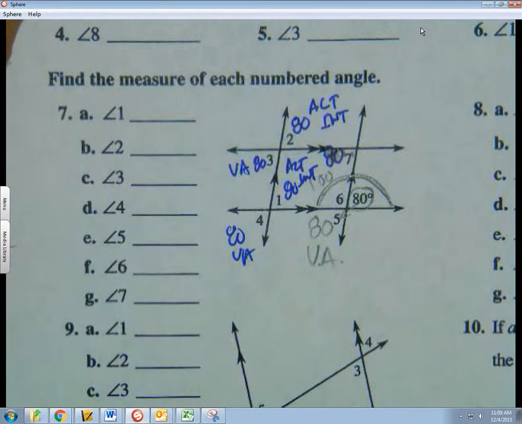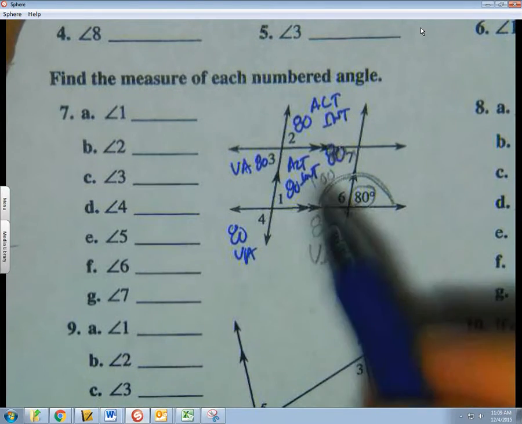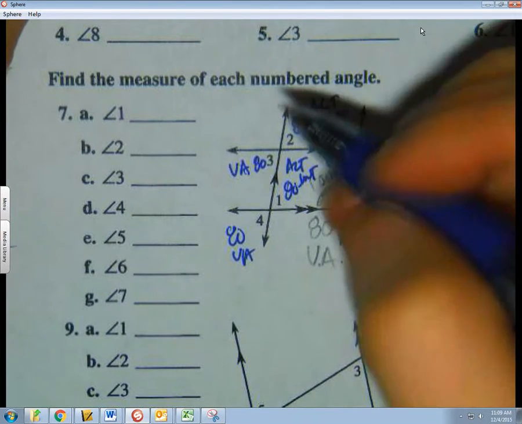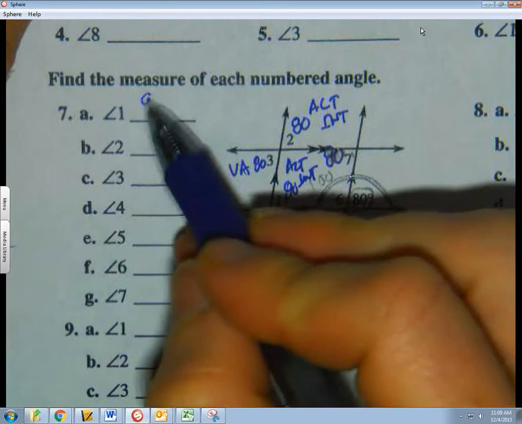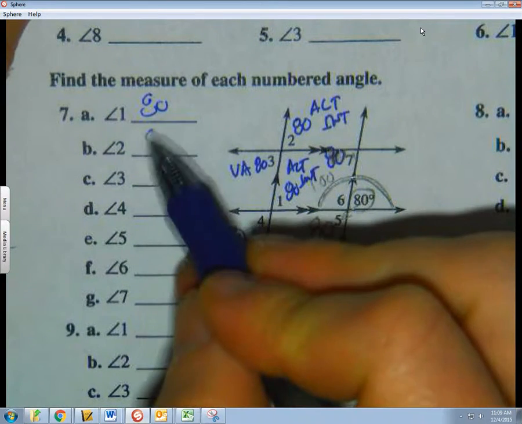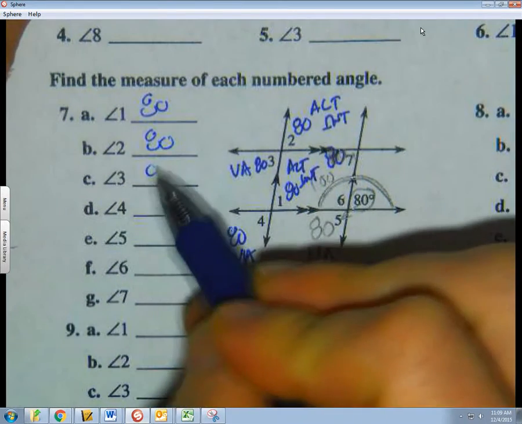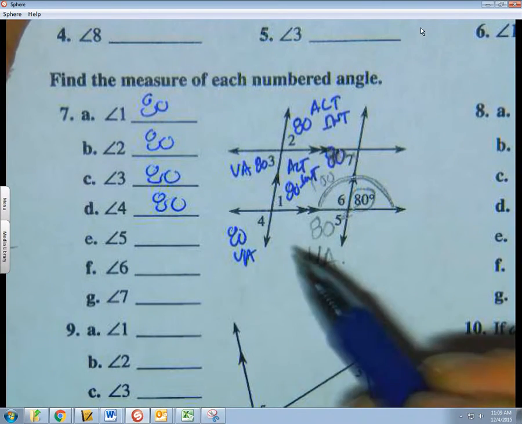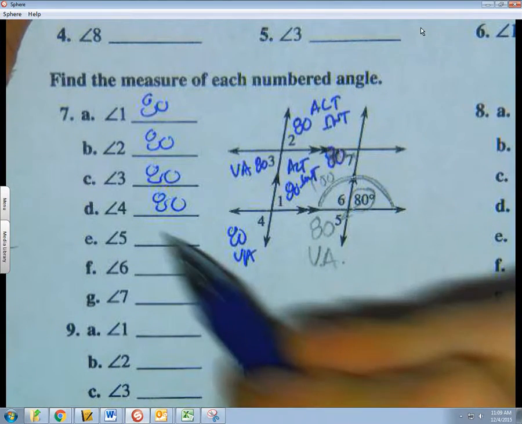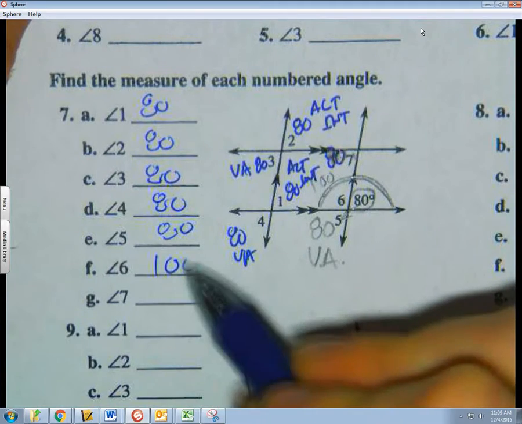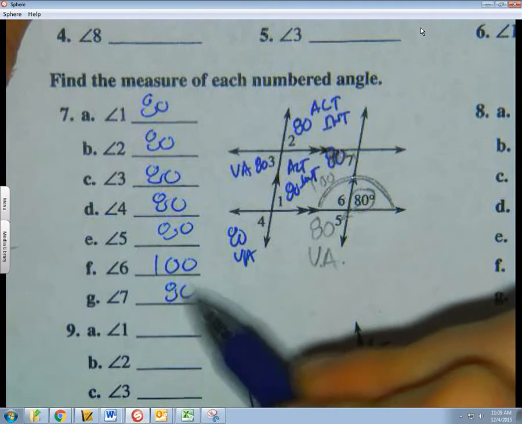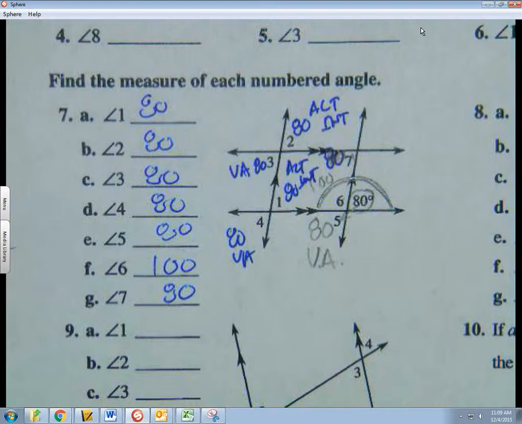So, just fill it in. 1 is 80. 2 is 80. 3 is 80. 4 is 80. 5 is 80, 6 is 100, 7 is 80. Okay.